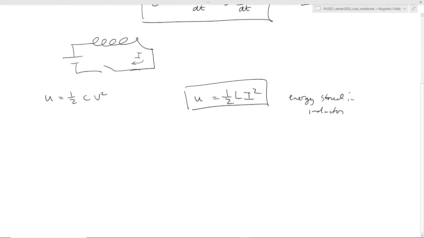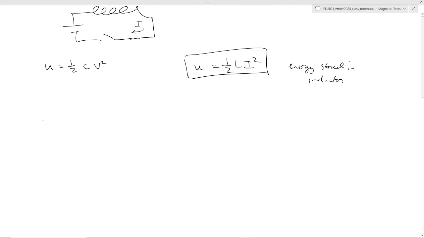And then our prototypical system for talking about capacitors was the parallel plate capacitor, and we used this for everything. Let me draw this again.